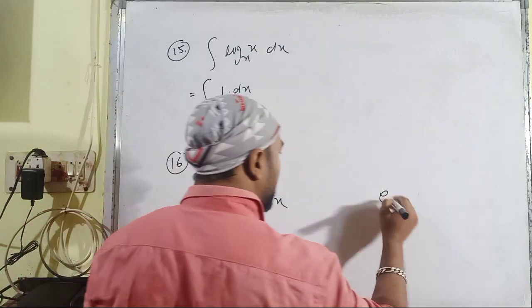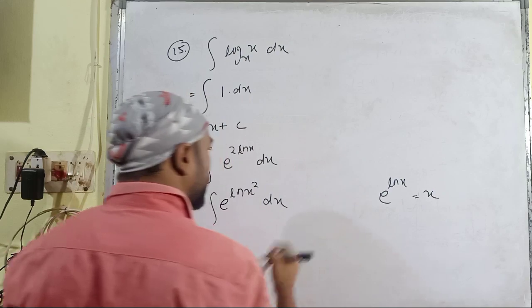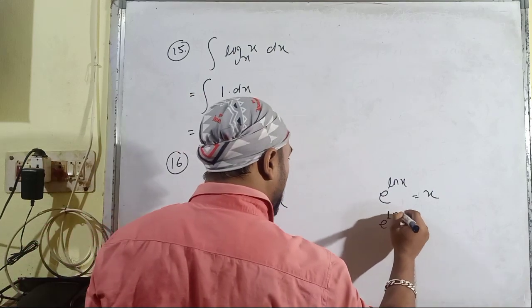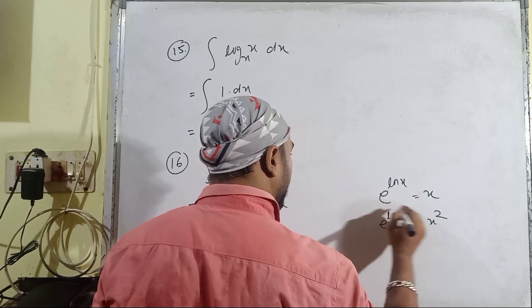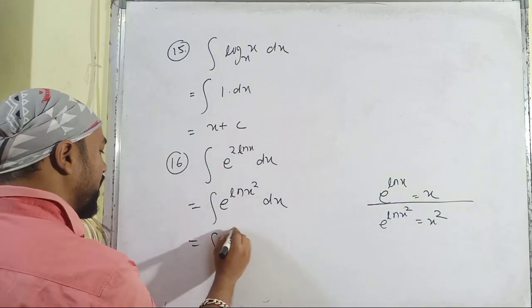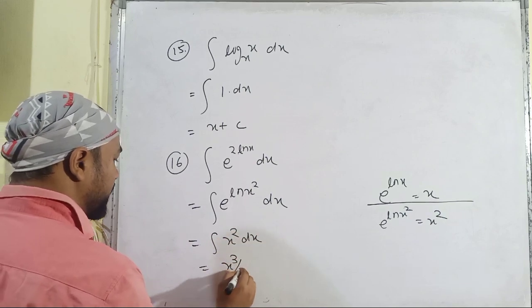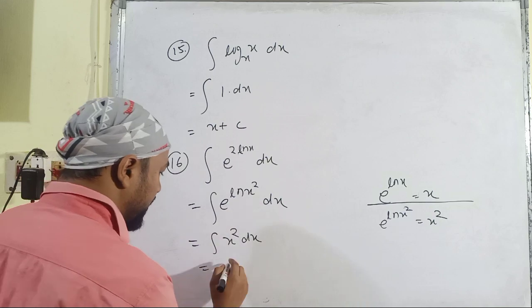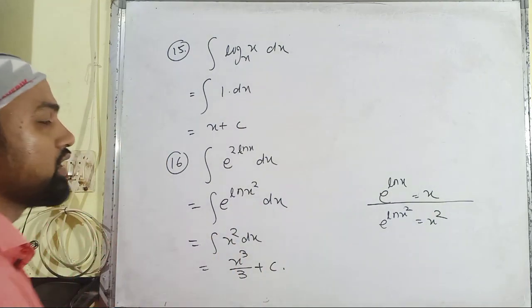But we know that e to the power ln x is again x. So e to the power ln x square will be equal to x square. So it will be the integral of x square dx, which will be equal to x cube divided by 3 plus any constant c.